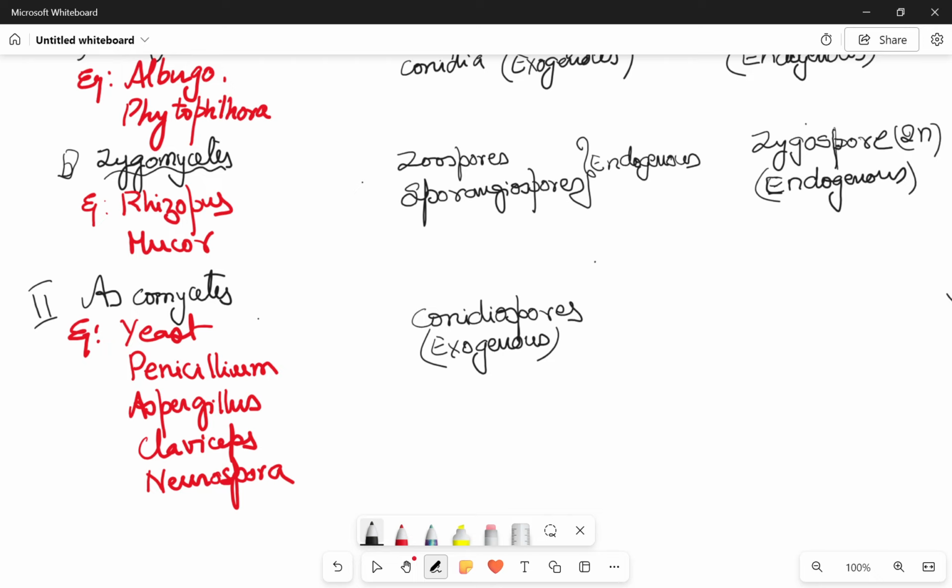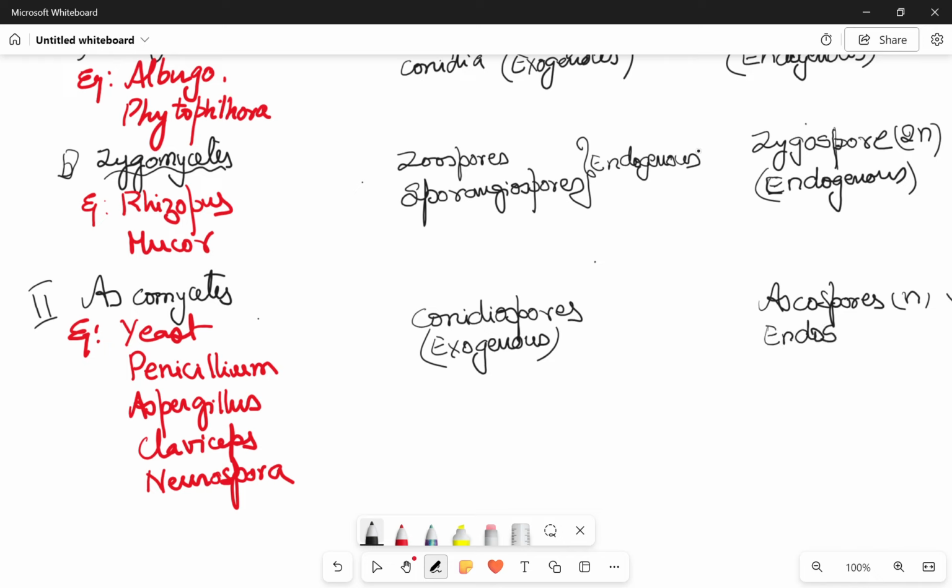And the sexual spores of the class Ascomycetes are ascospores. These ascospores are formed after meiosis. That's why these are haploid. And these are formed inside the ascus, that's why endogenous.